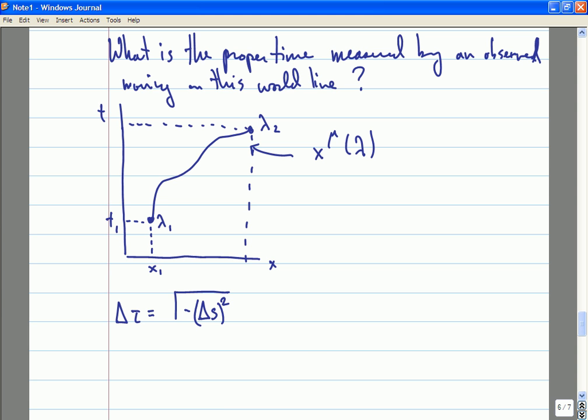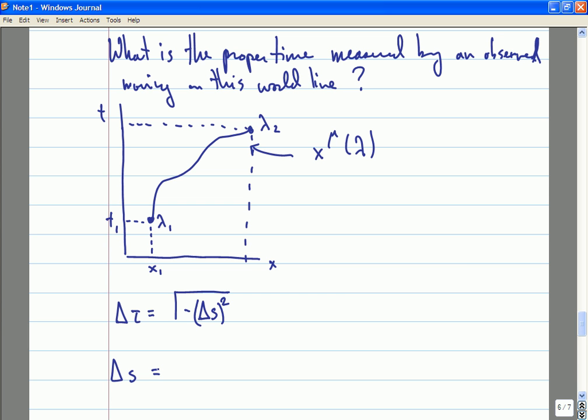And that interval is computed by doing an integral along that world line. And what we would like to do is understand what that integral formula is for the total invariant interval that is measured along this curved world line through spacetime.